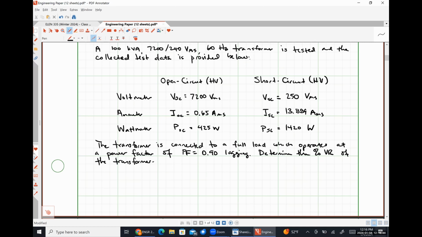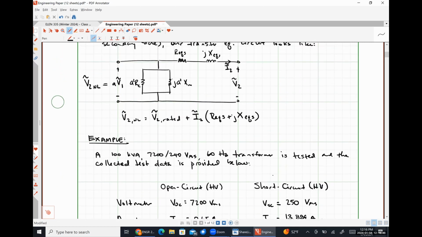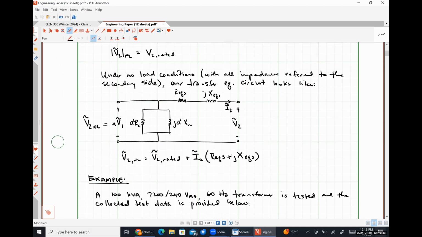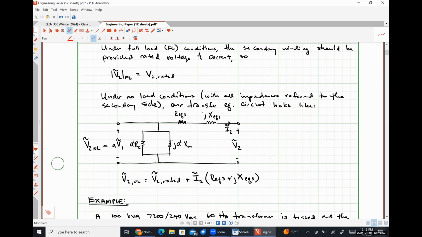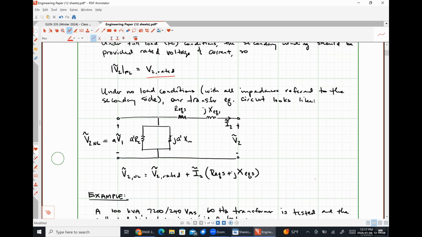So I'm going to scroll up here really quickly. And I want us to look for the different pieces of information that we are going to need, okay, in order to determine our percent voltage regulation. So we're going to need the rated voltage of the secondary, which means we kind of have to decide which side is the secondary for our case. We are going to need to know the current flowing through the secondary, so that's going to take a little bit of effort.